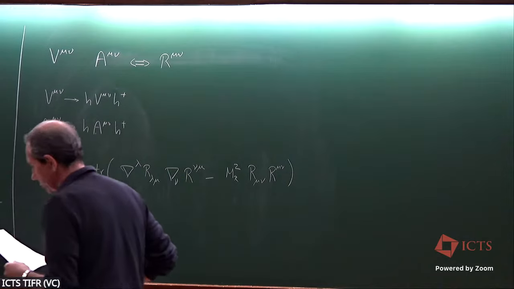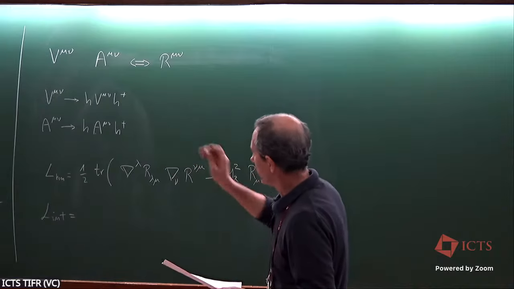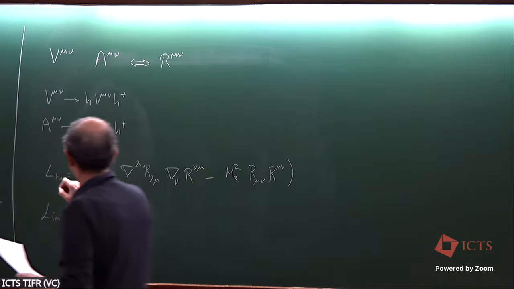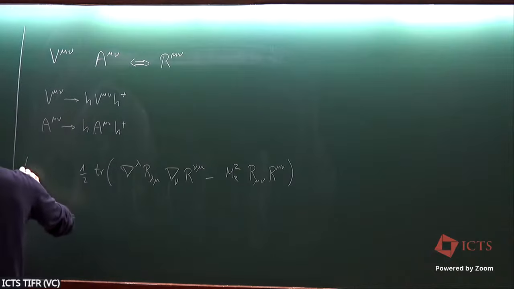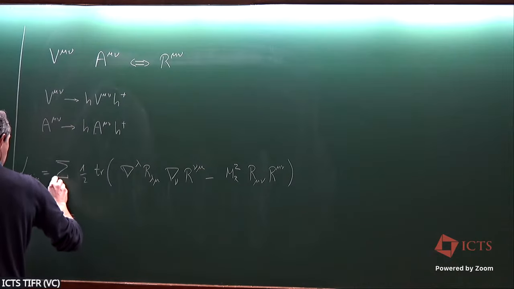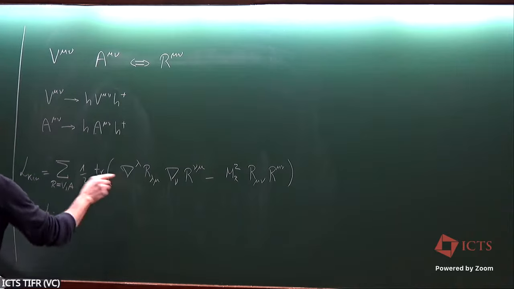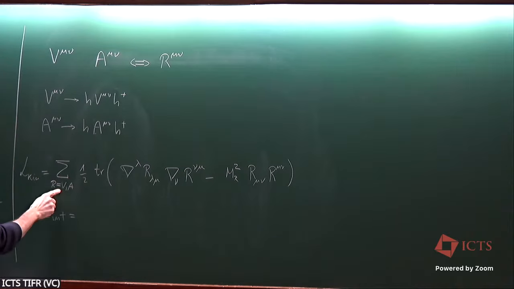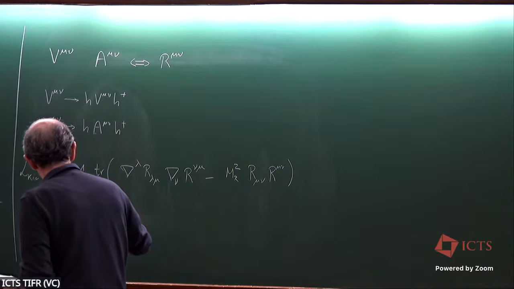Now for the interaction, I need to distinguish the vector from the axial case. Maybe I should write this out. It stands for a sum over R, which can be V or A. What is the interaction term?